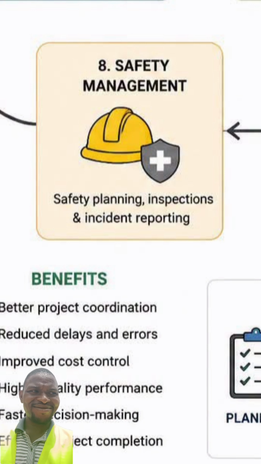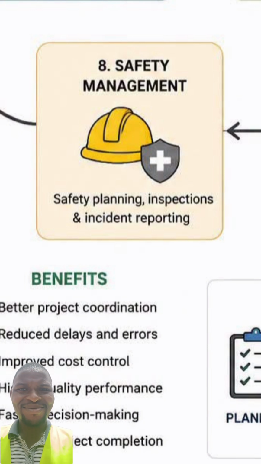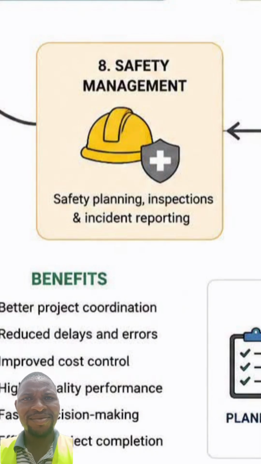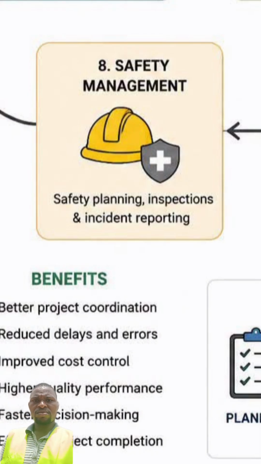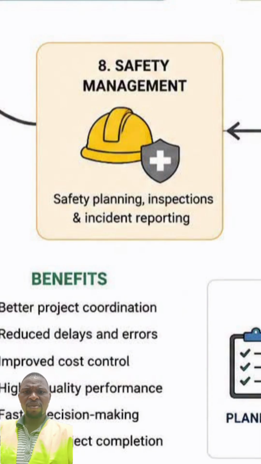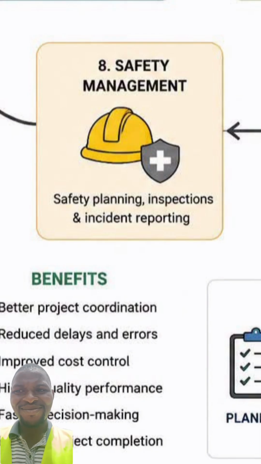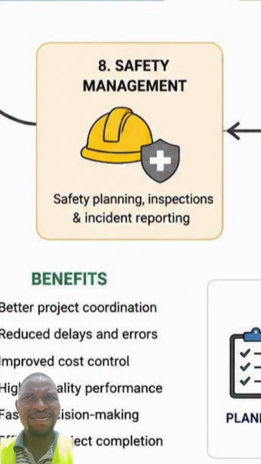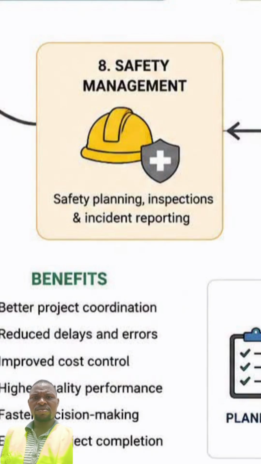Yeah, the next point we have is safety management. So safety is very, very important, because the safety of those working for you, you understand, it's a responsibility that is ascribed to you. It's part of your role. So you have to ensure that they are in a safe working condition. And for you to ensure that, you have to actually plan for their safety, because safety planning is one of those things that we usually neglect.